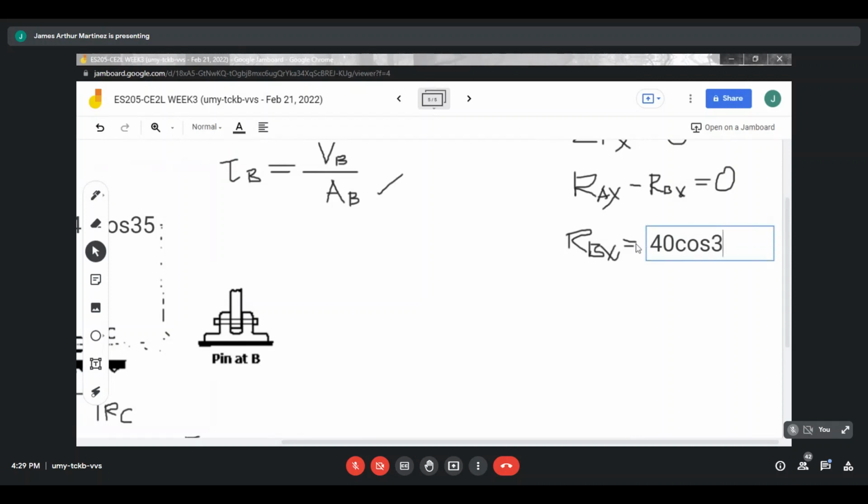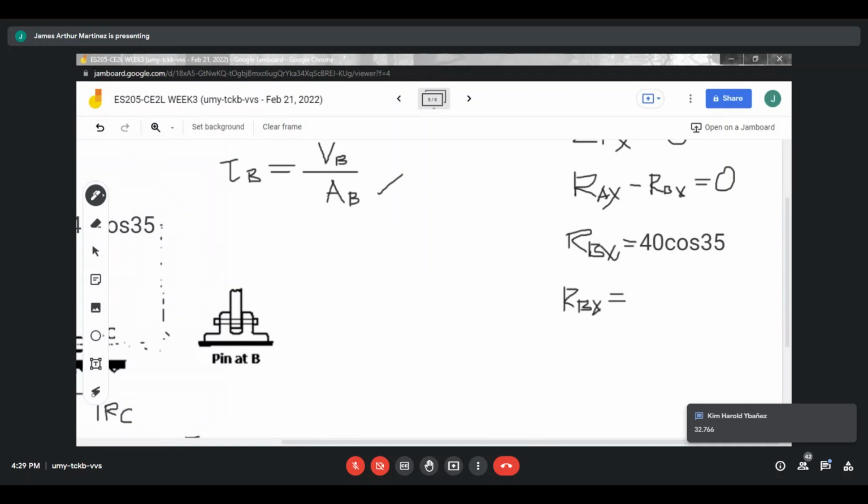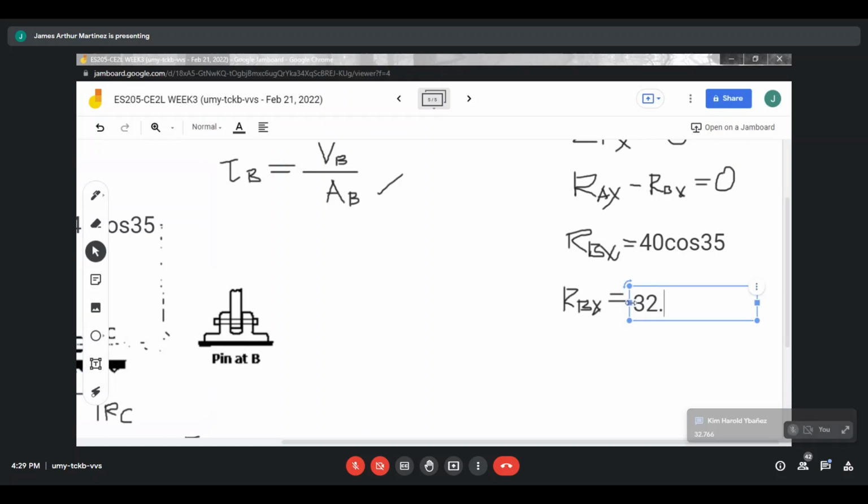So the magnitude of your RBX is just equal to 32.766 kN.